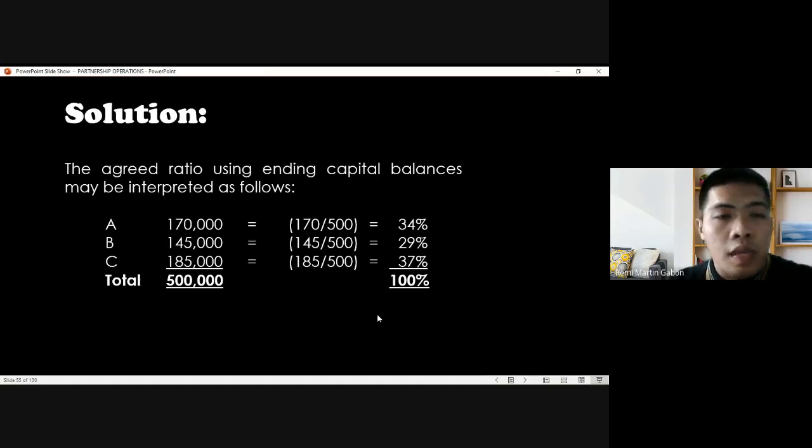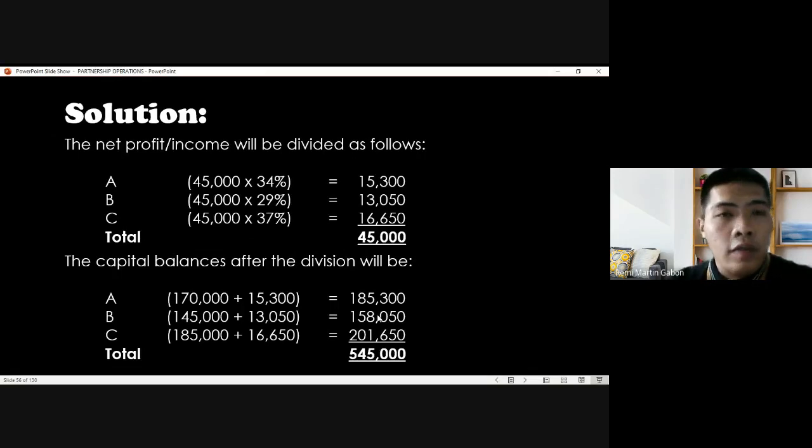So have it 34% for A, 29% for B, and 37% for C. To apply the distribution, 45,000 times 34%, we have 15,300 for A. Then times 29%, we have 13,050 for B. Then times 37%, we have 16,650 for C. After the division of the profit, the capital balances are 185,300 for A, 158,050 for B, and 201,650 for C.